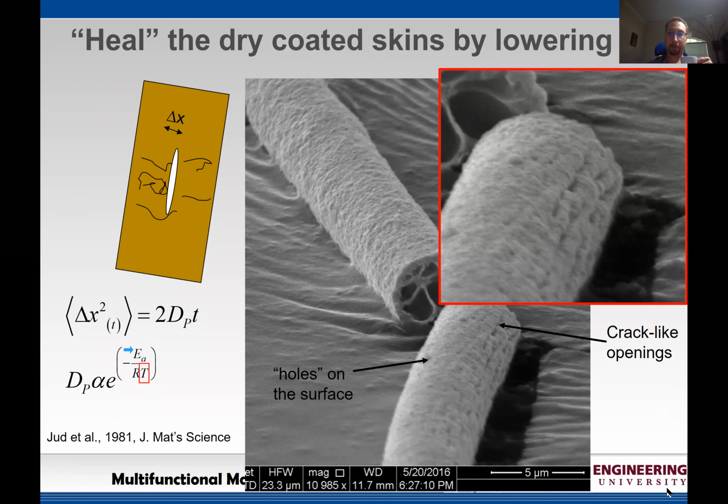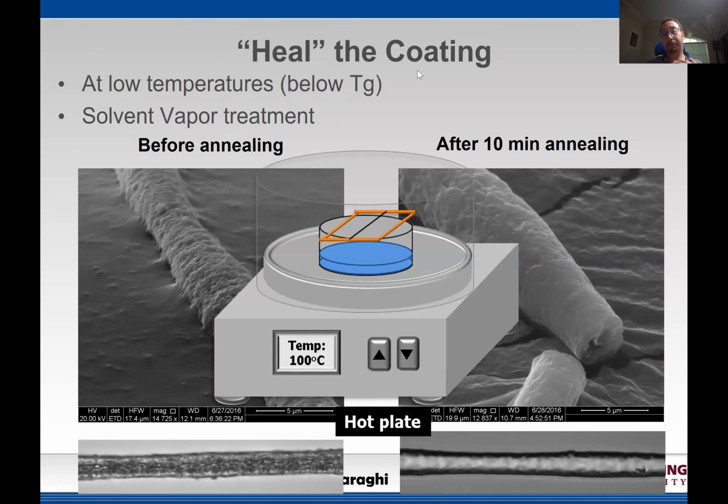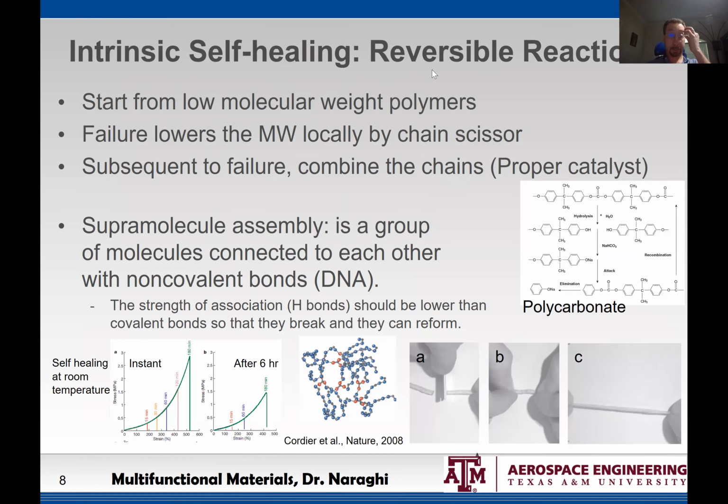So all I'm saying is that in some cases, if you're limited by temperature, you cannot increase the temperature because something else in your system will be degraded or lose its form, then you can do this. Another option to trigger intrinsic self-healing is to use polymers that can interact with each other with reformable bonds or reversible reactions.